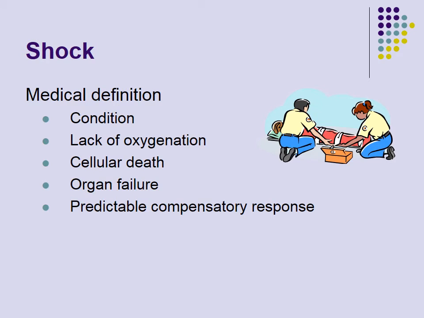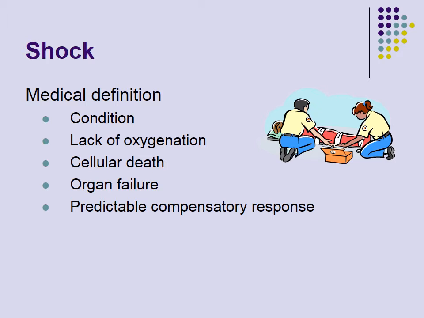Shock, remember the definition of this is it is a condition, not a disease. The tissues in the body don't receive enough oxygen and nutrients, and so this leads to cellular death, progressing to organ failure, and finally to the whole body failure and death.